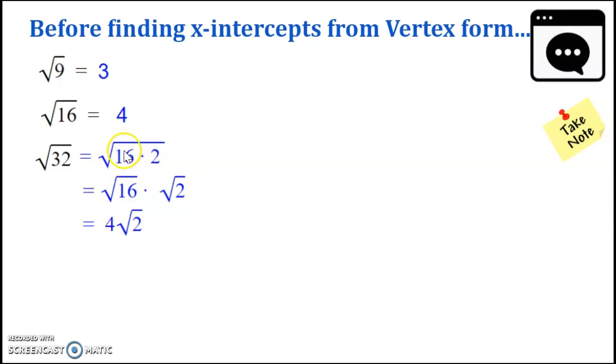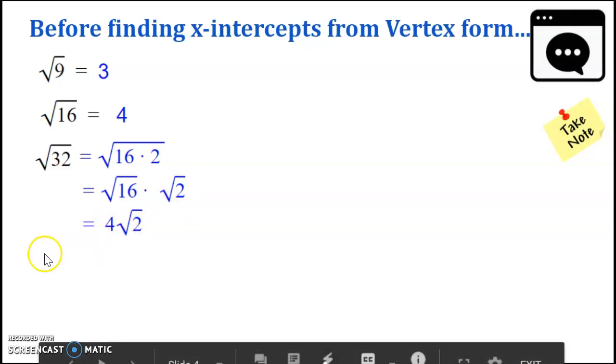So 16 is a perfect square, and perfect squares are numbers like 4, 9, 16, 25, 36, 49, and so on. So I broke it into 16 and 2, and because the square root of 16 is 4, and then you're multiplying it by root 2, it becomes 4 root 2.